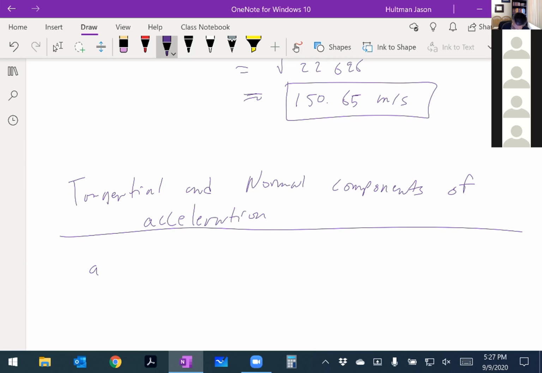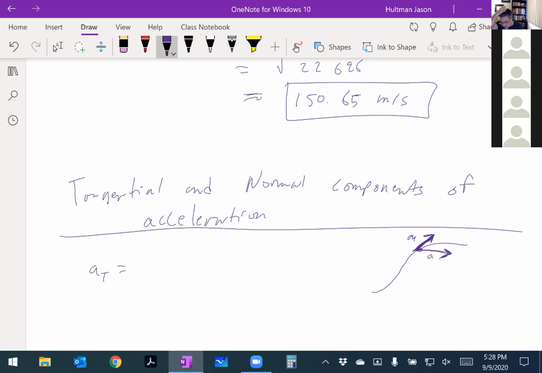So A_T, what is A_T? Well, let's look at a curve here. At this curve, I'm going to have an acceleration. Call this A. And what is the tangential acceleration? It's tangent to the curve at A. This is A tangential.